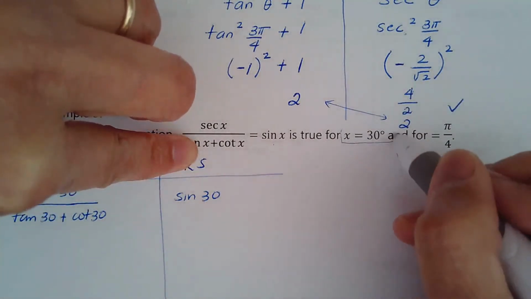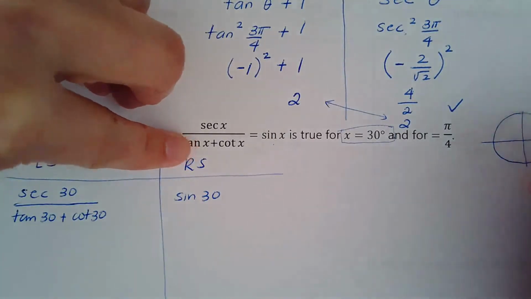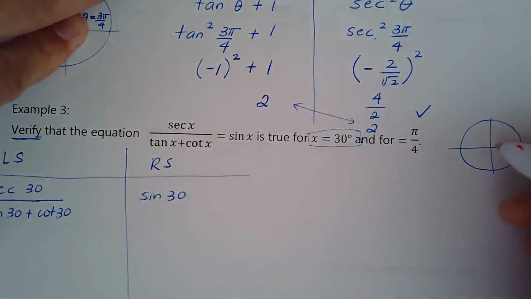Let's visualize where 30 degrees is first, okay, because we're going to need it. So here's again a unit circle, which we're very familiar with. 30 degrees is right over here. So 30 degrees is going to be root 3 over 2, comma 1/2.